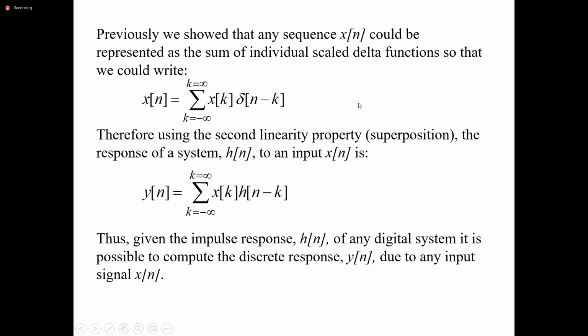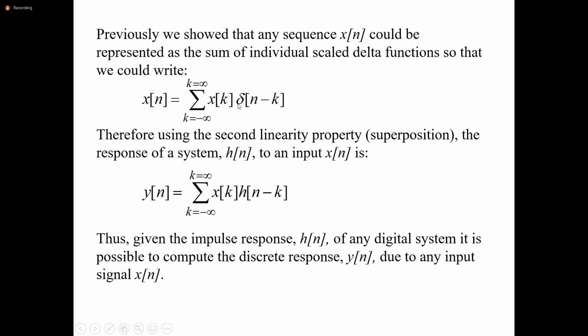So we showed previously that any sequence x of n could be represented as the sum of individual scaled delta functions, so that we could express our signal x of n here as a sum of our coefficients x of k multiplied by delta n minus k.